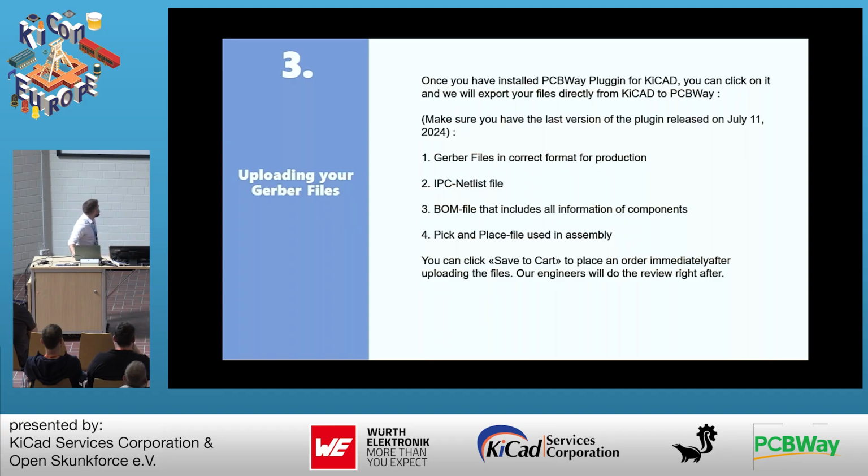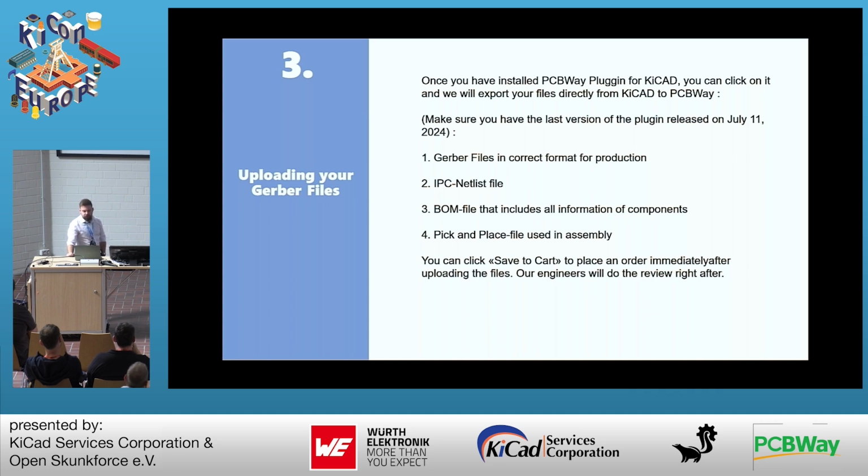Now I will share with you how to upload your Gerber file directly from KiCad with a plugin to our PCBWay online system for quotations. So first of all, you have to install the PCBWay plugin for KiCad. I will show you after a screenshot where you can find it.